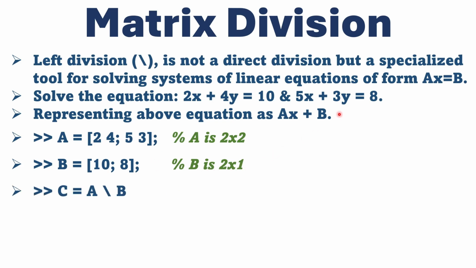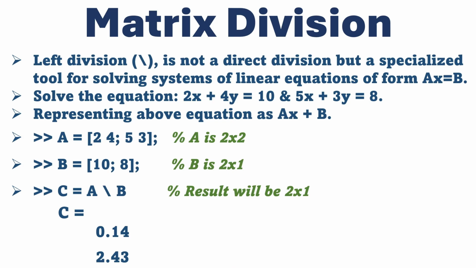If we use the backslash operation in MATLAB, the left division, A left division B, then we get a result of 2 by 1. The result is 0.14 and 2.43, meaning x equals 0.14 and y equals 2.43.